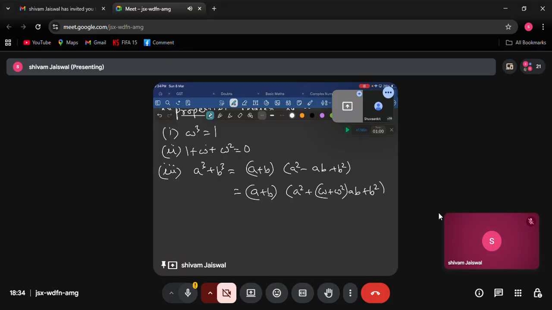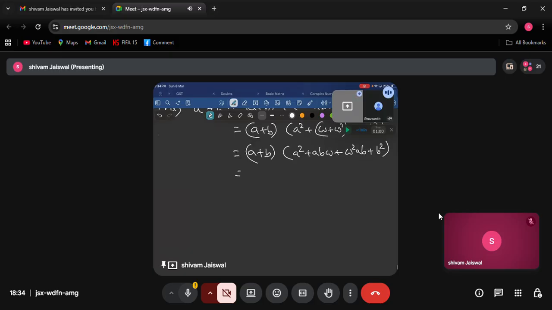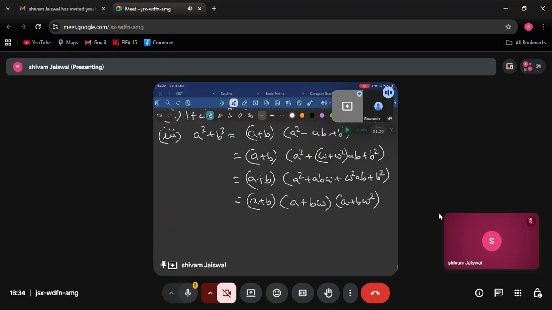So this will become a plus b into a square plus ab omega plus omega square ab plus b square. Okay. Further we can write it as a plus b into a plus b omega into a plus b omega square. Okay. When we take common, we can factorize it completely like this.